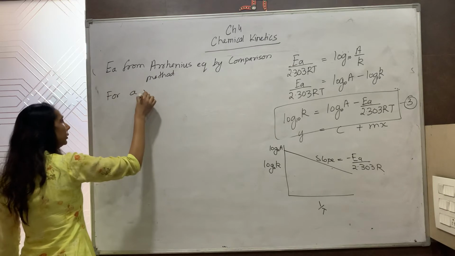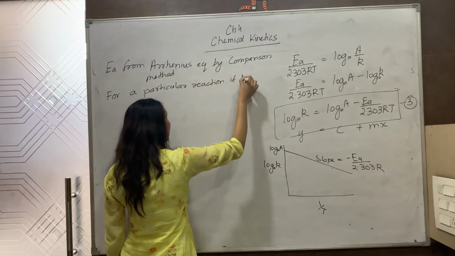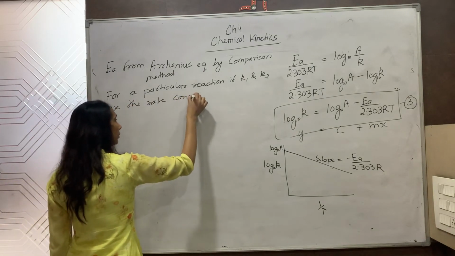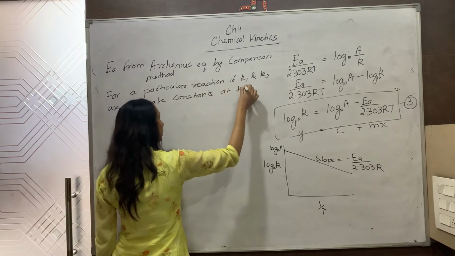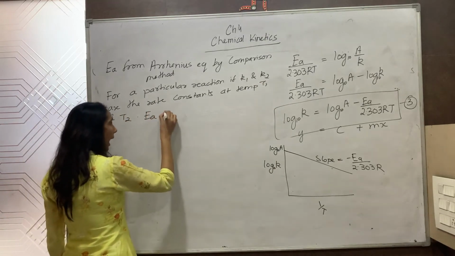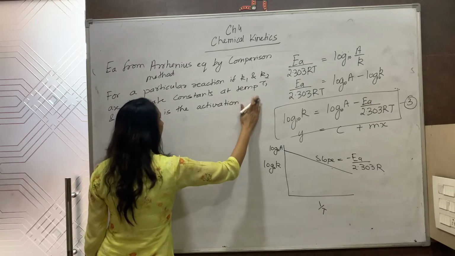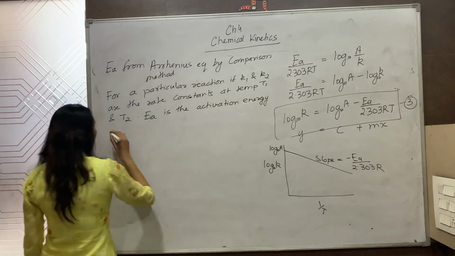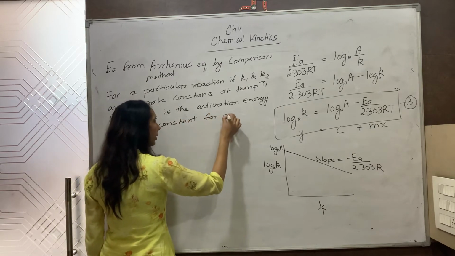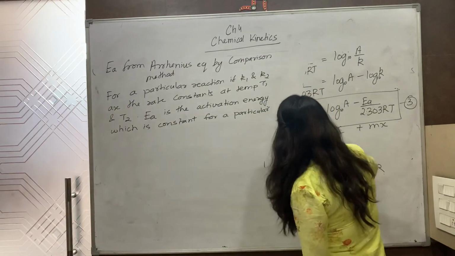For a particular reaction, if k1 and k2 are the rate constants at temperatures T1 and T2, Ea is the activation energy which is constant for a particular reaction and does not depend upon temperature.